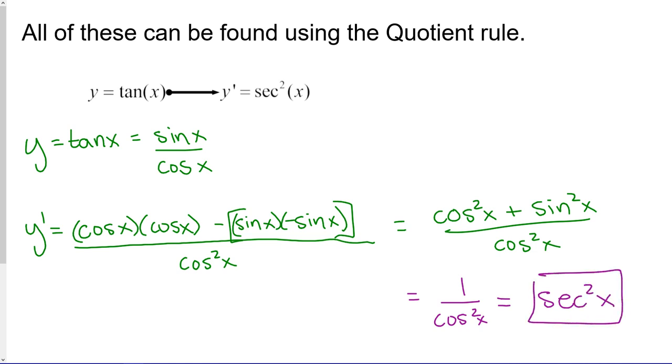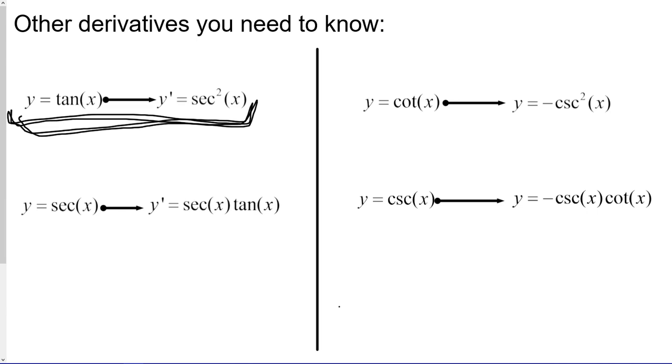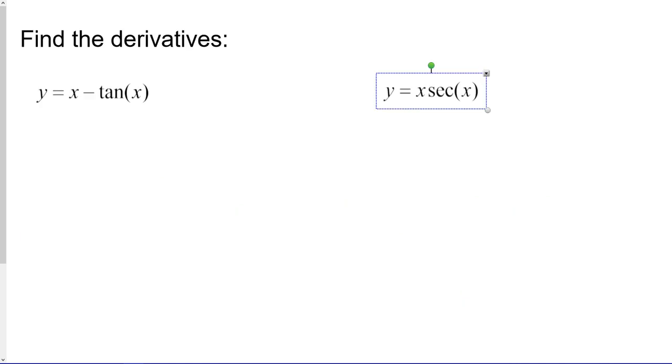This will work for all of those functions I was talking about a second ago. It'll work for this one, this one, this one. It works for every single trig function that has some kind of denominator in it. You could always just use the quotient rule to find it. If you want to, it's definitely worth the time to just memorize them.